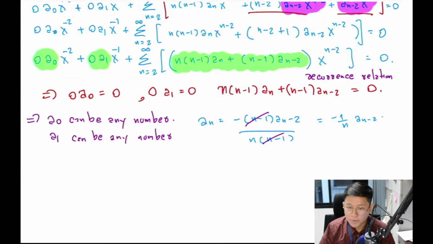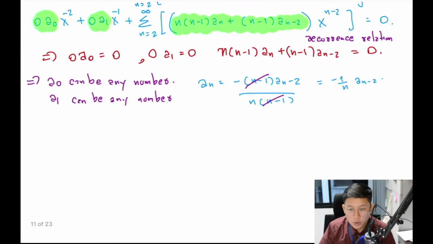So right now we can write down all the coefficients a0, a1, a2, a3, a4, a5, and so on. a0 and a1 can be anything, so we're going to start with a2. a0, a1, and then we need a2, right?